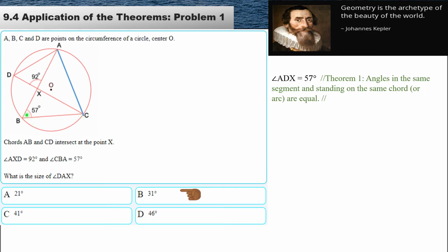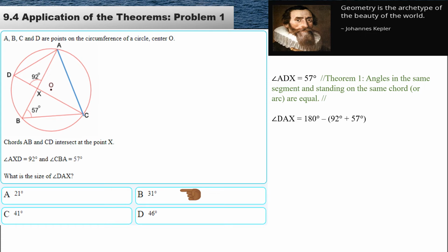So angle ABC, or CBA, is 57 degrees, and therefore here would also be 57 degrees according to theorem 1. So on the strength of theorem 1, I am able to say that angle ADX is 57 degrees.